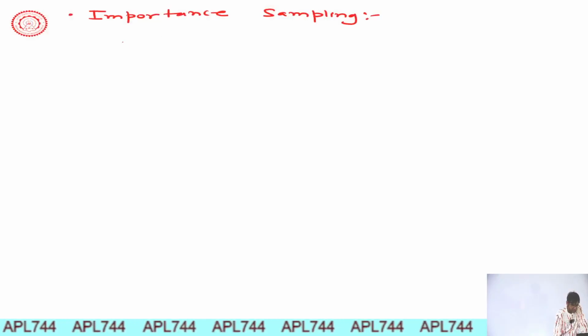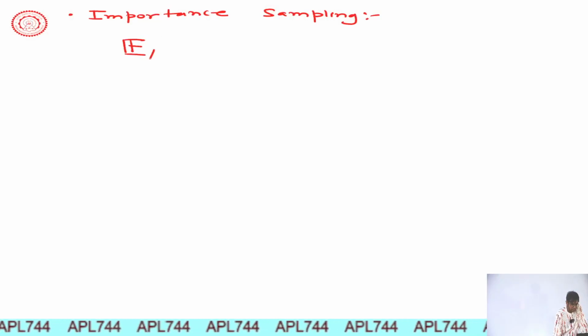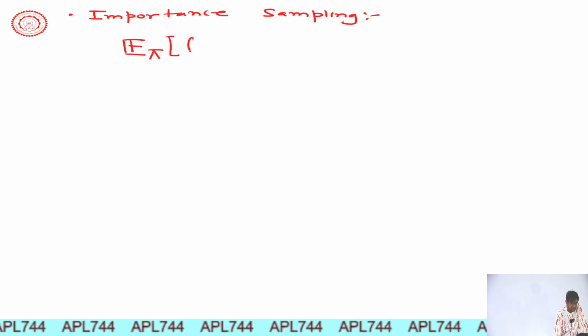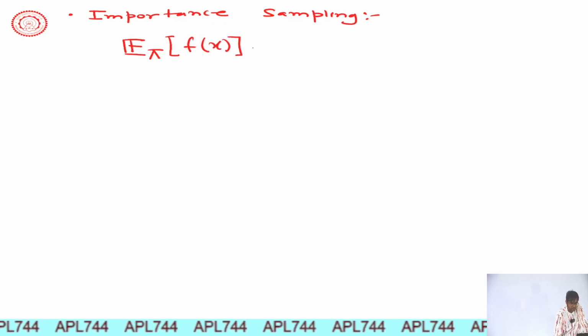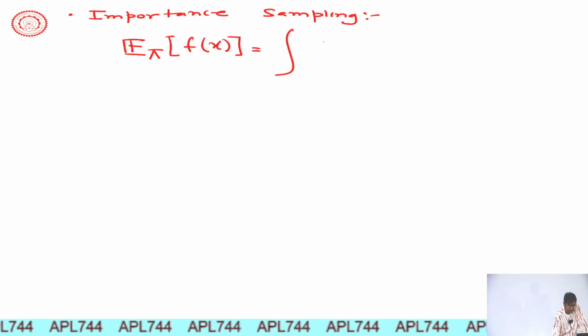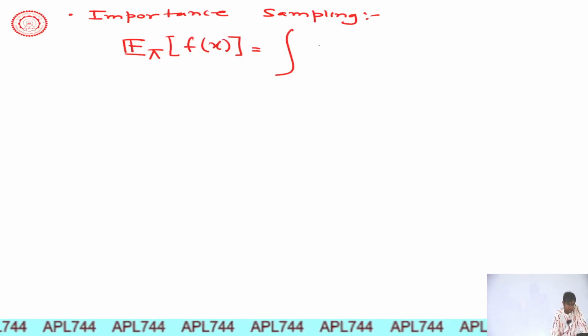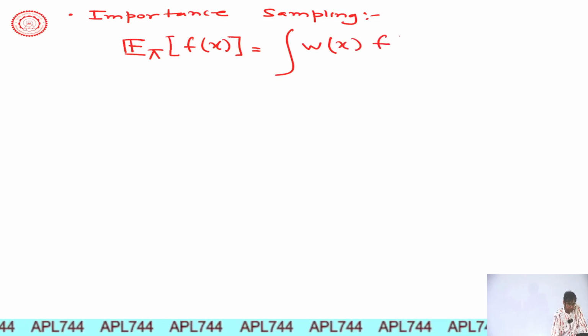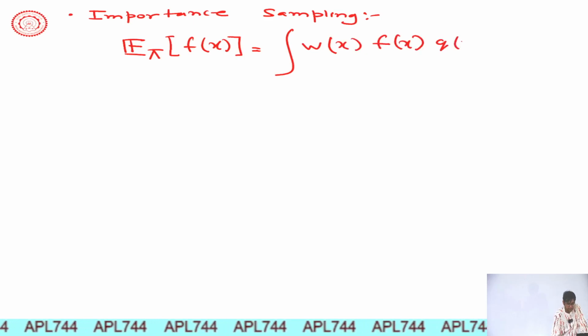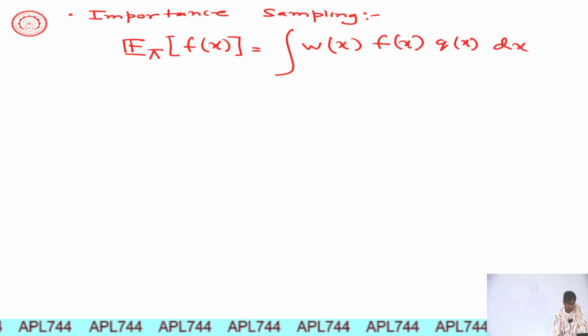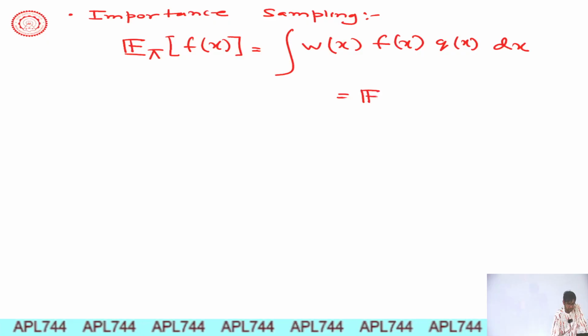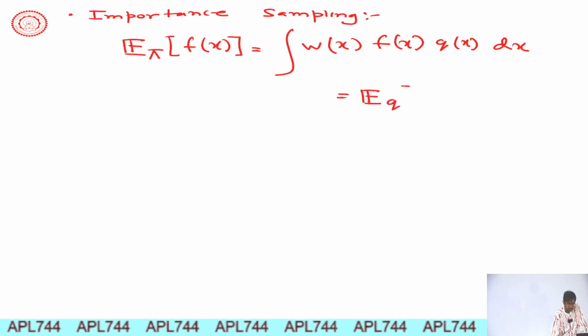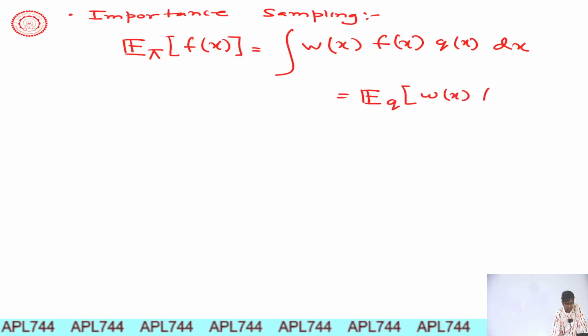Always what we are trying to compute is the expectation, and in importance sampling, expectation with respect to pi of f(x) is equal to integration of, to directly write down the formula, w(x) f(x) q(x) dx, which is basically equal to expectation with respect to q of w(x) f(x).